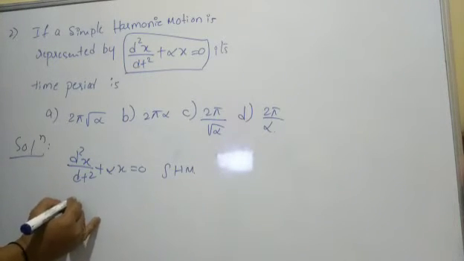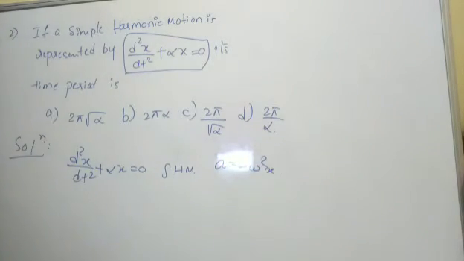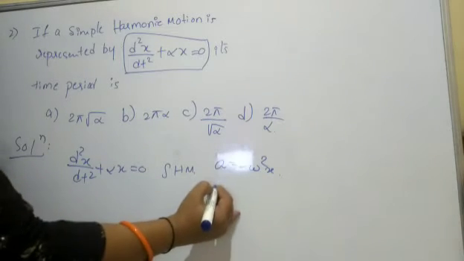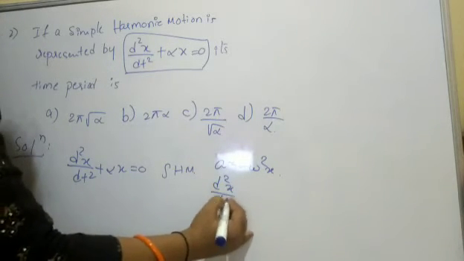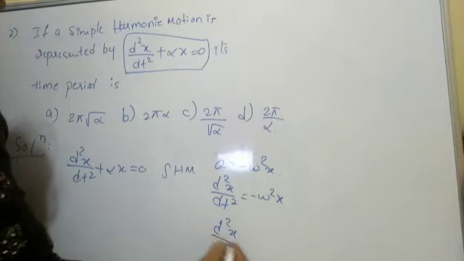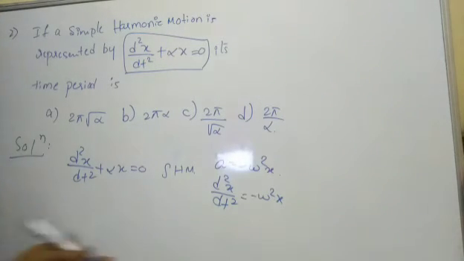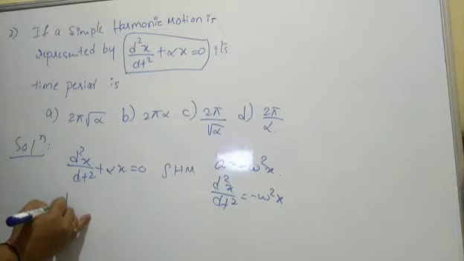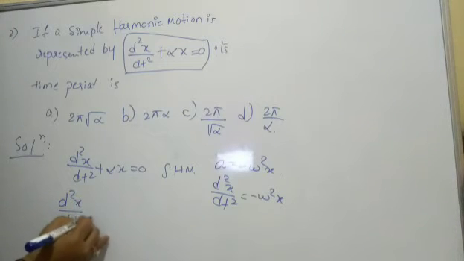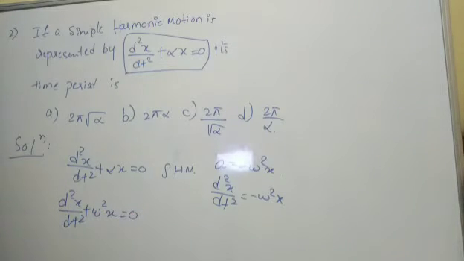If you are getting confused, you can go ahead with the original form of the acceleration of the particle, d²x/dt² is equal to minus omega squared x. So d²x/dt² plus omega squared x is equal to 0. This is the differential equation of acceleration for a particle executing simple harmonic motion.